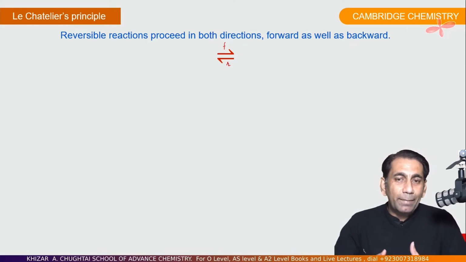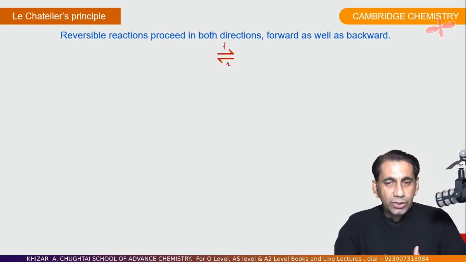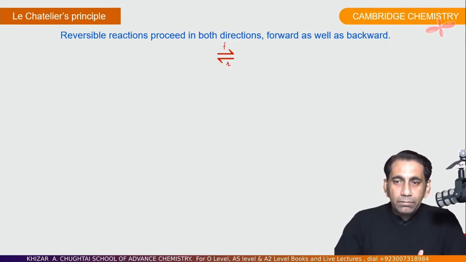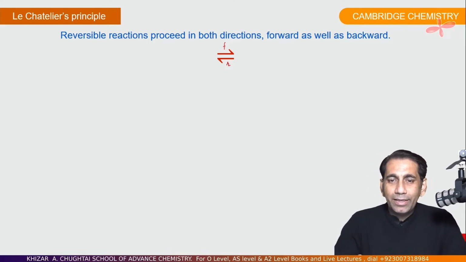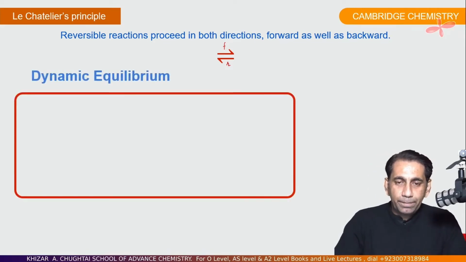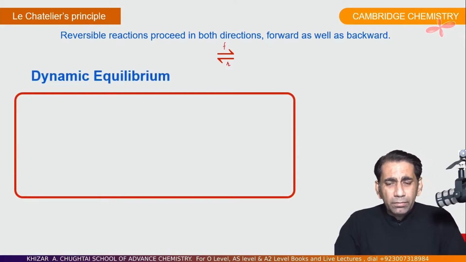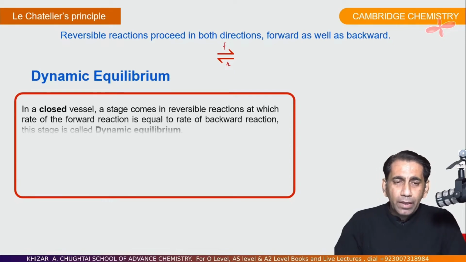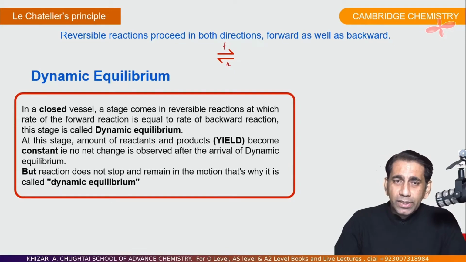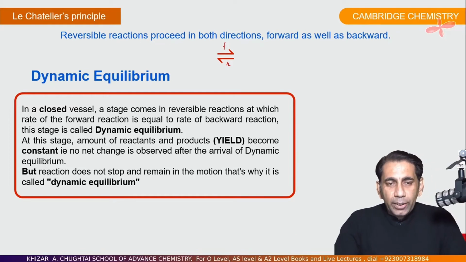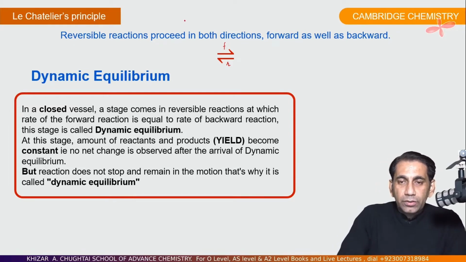During the course of a reversible chemical reaction, after some time interval, there is dynamic equilibrium. What is dynamic equilibrium? In a closed vessel, a closed container, a stage comes in a reversible reaction at which the rate of the forward reaction becomes equal to the rate of the backward reaction.